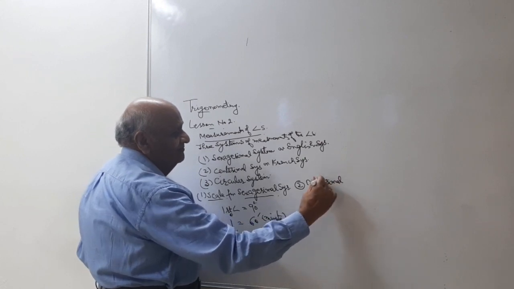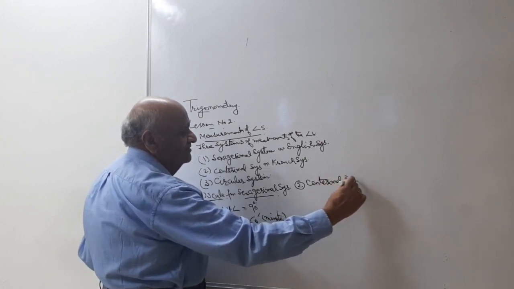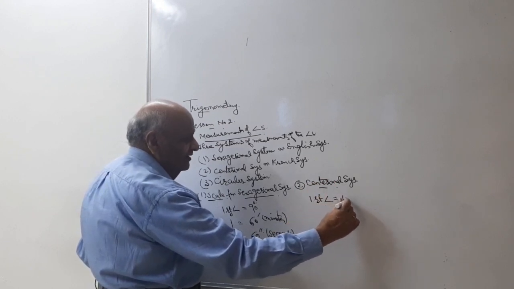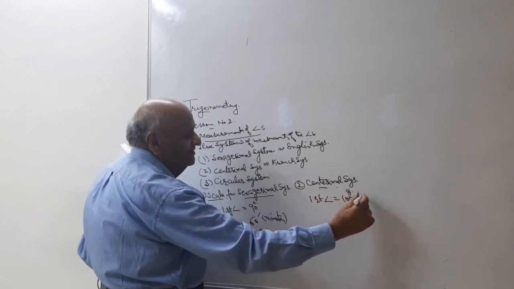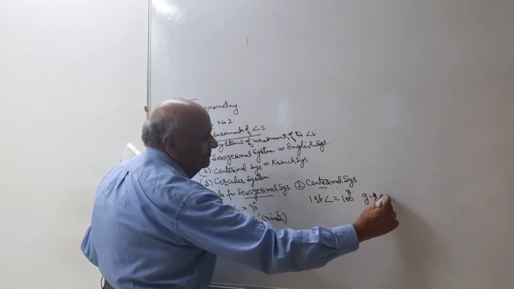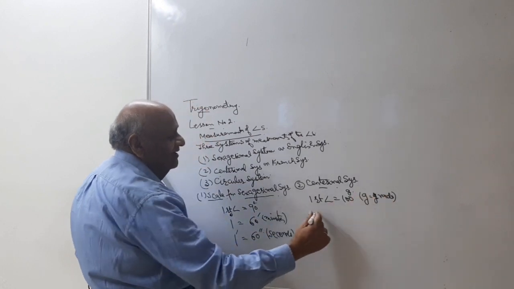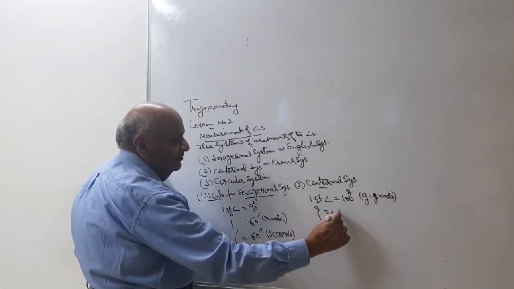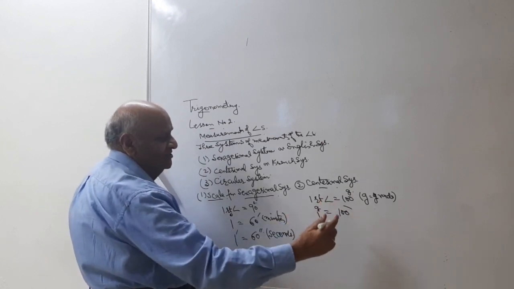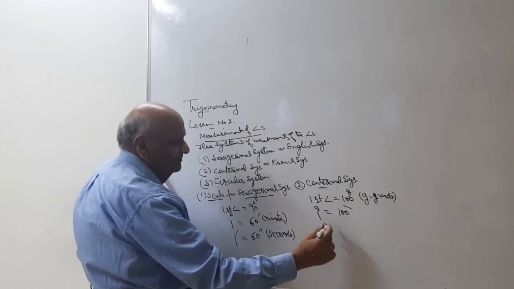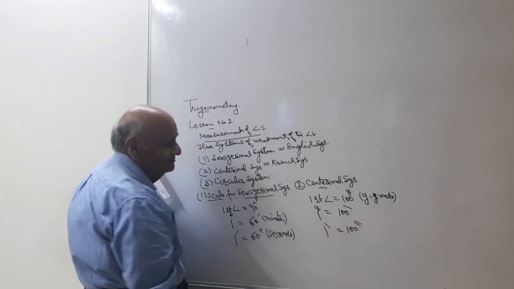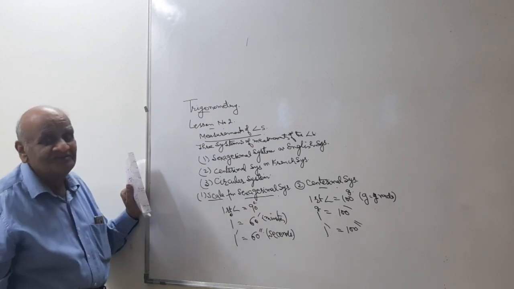Second one, the first here is a scale for sexagesimal, number 2 for the centesimal system. Not so common. Centesimal system, one right angle is equal to 100 grades. This G is grade. Not so common at all. Then we have 1 grade is equal to 100 minutes. Minutes in the opposite direction, and 1 minute is taken as 100 seconds. This is the centesimal system.